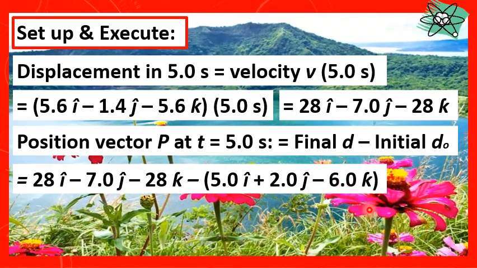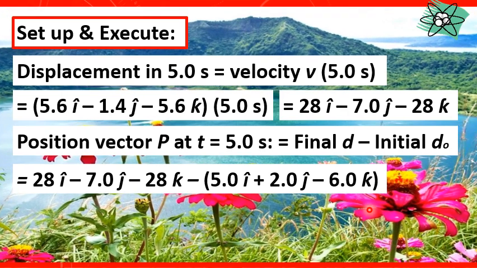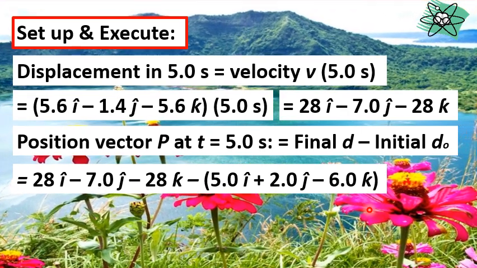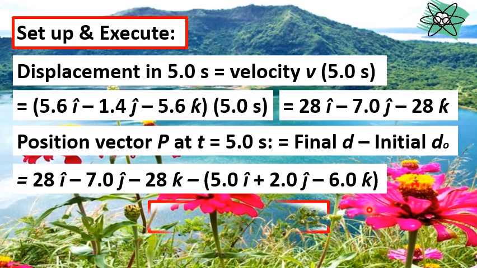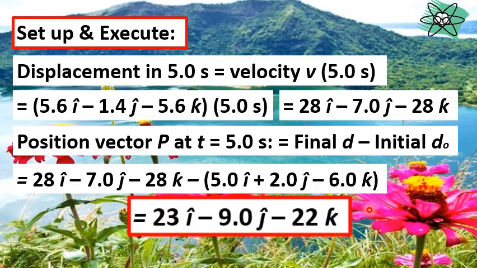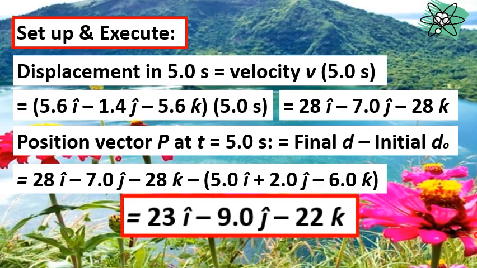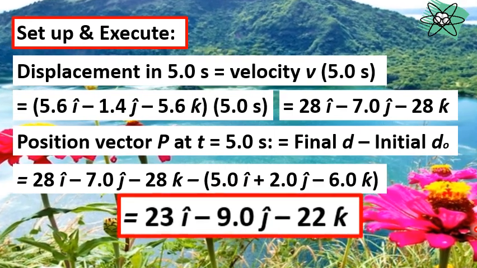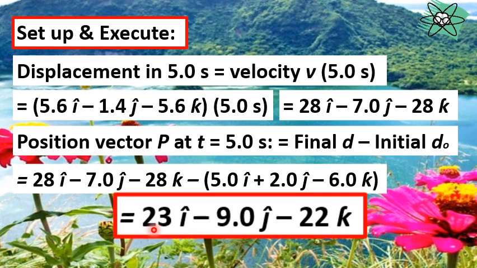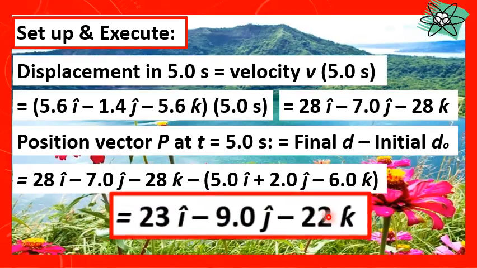So when you do our math, we get the position vector equal to 23i minus 9.0j minus 22k. This is the final answer to the question.